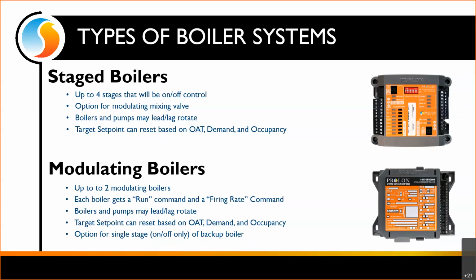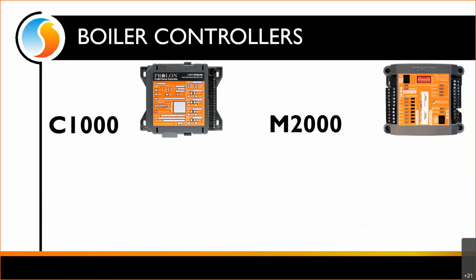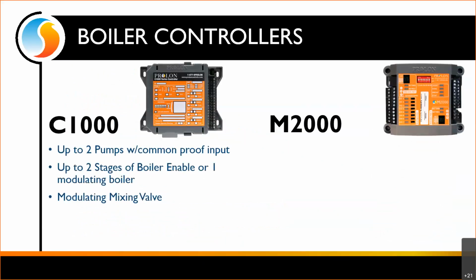So, say the customer put in a couple new modulating boilers, but then they hung on to old Bessie over in the corner that still works, but maybe isn't the most efficient, but it can get them out in a pinch if need be. We can add that single stage backup boiler in the event something happens to our modulating boilers.